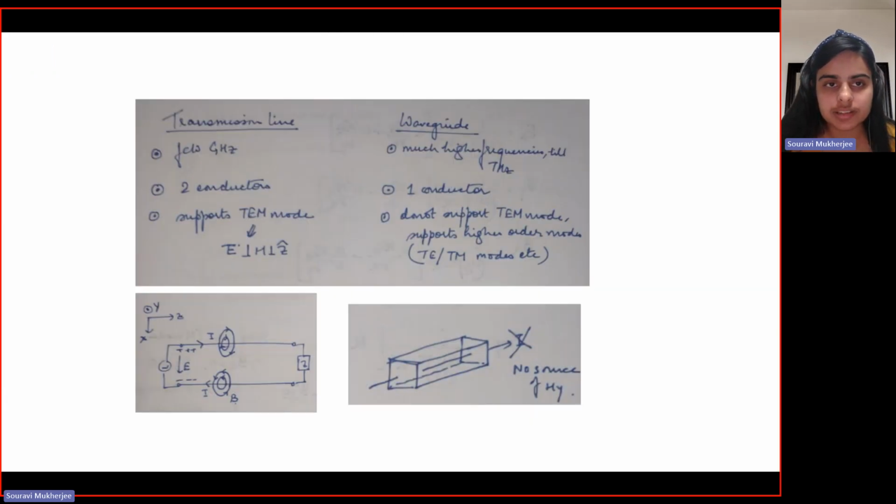Now, first let us see how transmission lines are different from waveguides. Right. So here, as you can see, in a transmission line, which we had already discussed before, we have something like this, where there is a load impedance somewhere. It can be purely resistive or it can have some inductive or capacitive load.